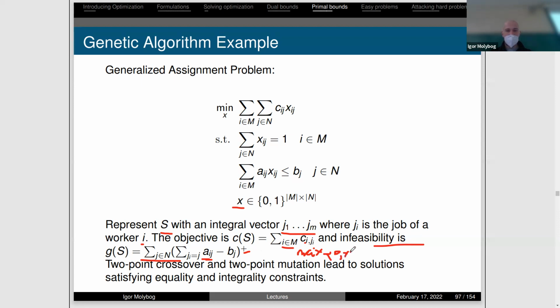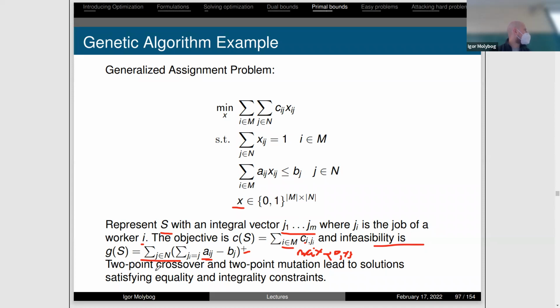So x superscript plus is the maximum between 0 and x. You probably heard about this before. It's also called the rectified linear unit, or ReLU function.